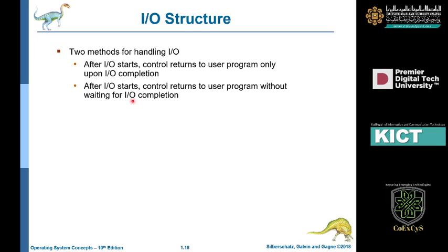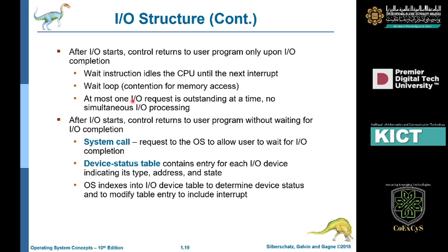Okay, right. There are two methods of IO structures, right? Of handling IO: either the control returns to the user program only upon IO completion, or the control returns to the user program without waiting for the IO completion, right? So in the first case, control returns to the user program only upon IO completion.